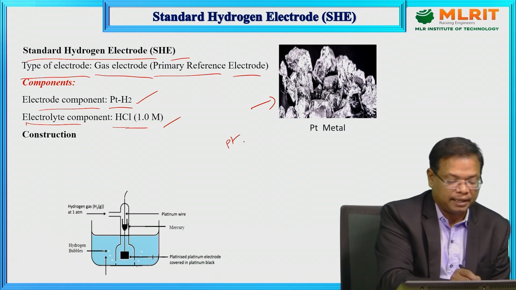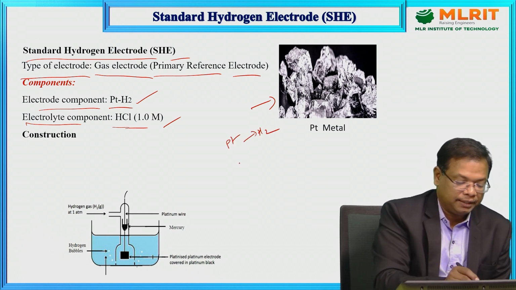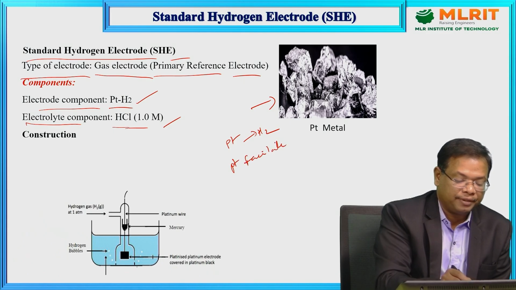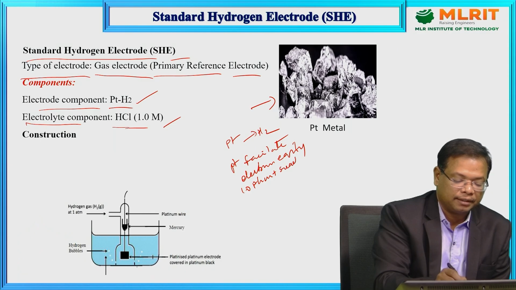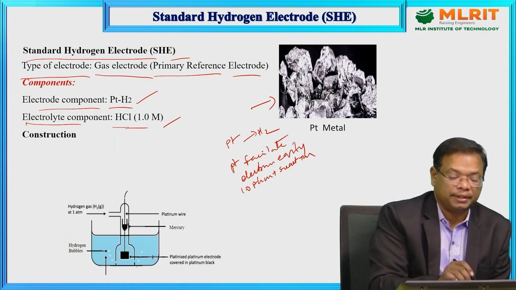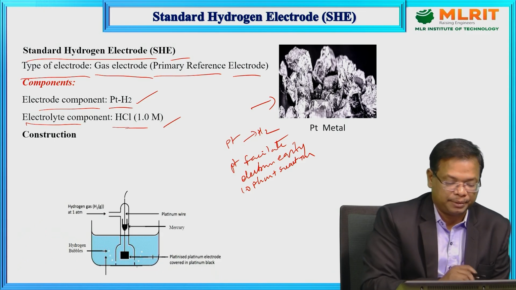Why is platinum metal always taken for hydrogen? Actually, platinum can facilitate electron transfer easily without reacting to the surroundings. It can promote the electron transfer through other atoms.